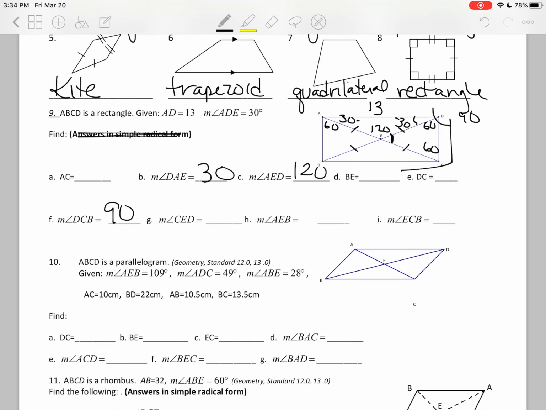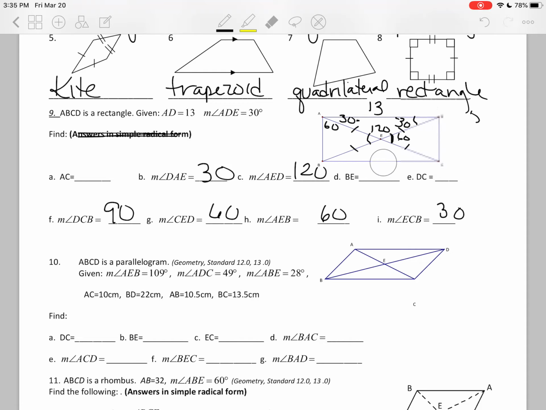CED is this one here, and we could do triangle sum and we'd get 60 degrees. AEB is this one. Well, we just did that, this one is 60, which means the other one is also 60. ECB, that is that one, and that would be 30, because those two angles there add up to be 90 degrees. All right.